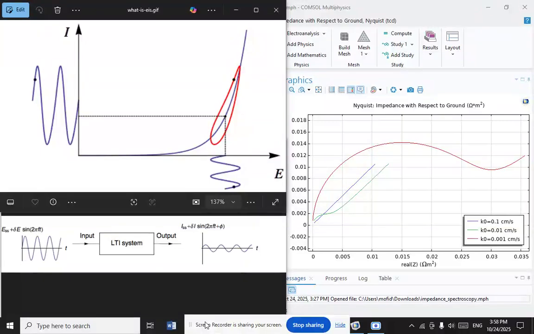The technique can be used in biosensors to detect specific biomolecules such as DNA or cancer biomarkers, or to monitor cell interactions at an electrode surface. The next application is quality assurance. It plays a role in quality control for chemical and pharmacological processes and the manufacturing of electronic components.